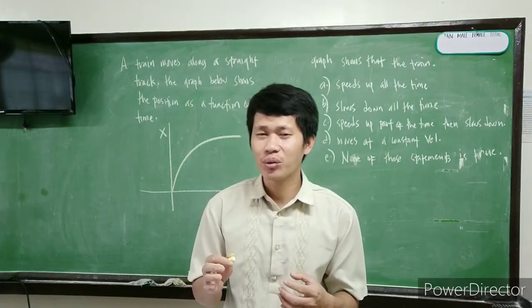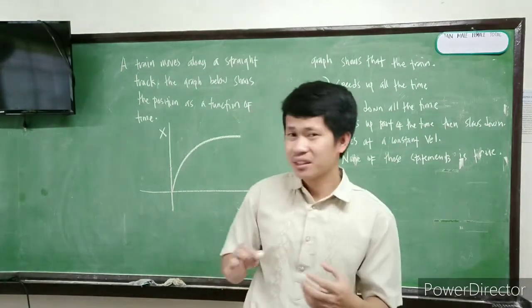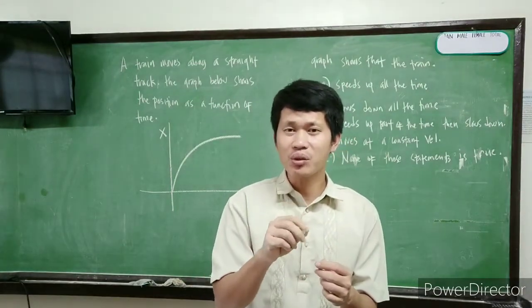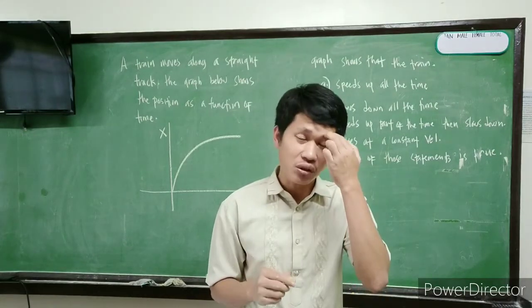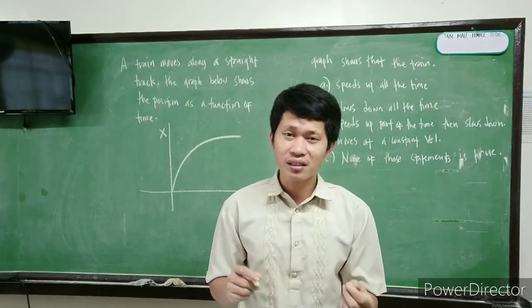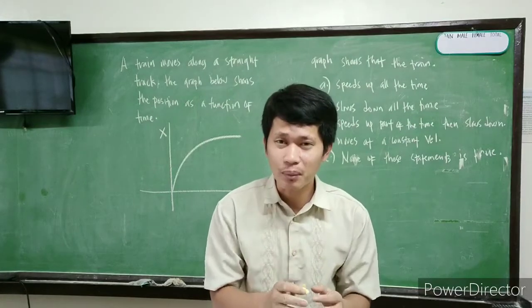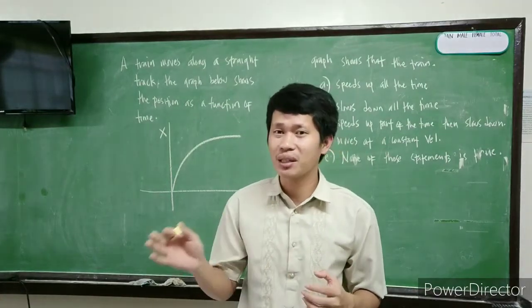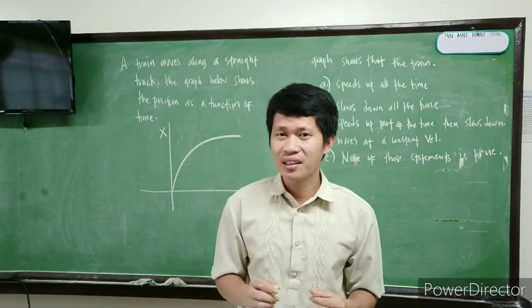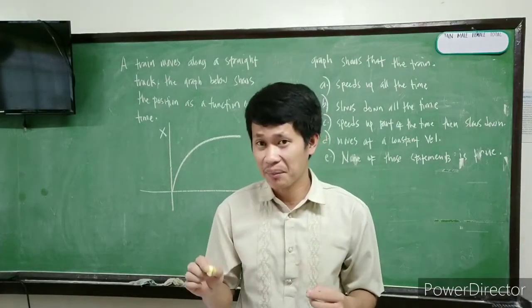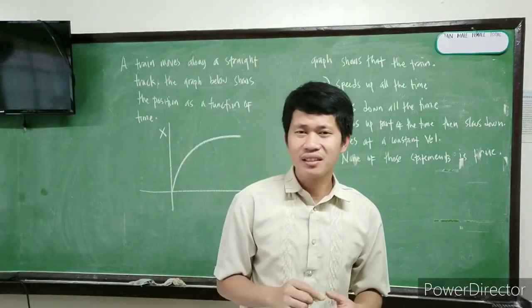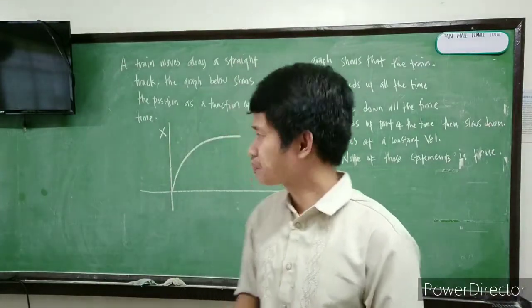Okay? So, at any point in time, magkakaroon ng iba't ibang value yung iyong instantaneous velocity. Kasi nga, di ba, by definition, instantaneous velocity is the velocity at a particular point in time. So, kung changing yung velocity mo, kung nagbabago, edi iba-iba yung magiging value ng instantaneous velocity mo at any point in time. Okay?